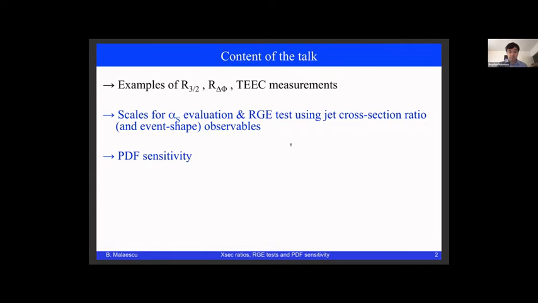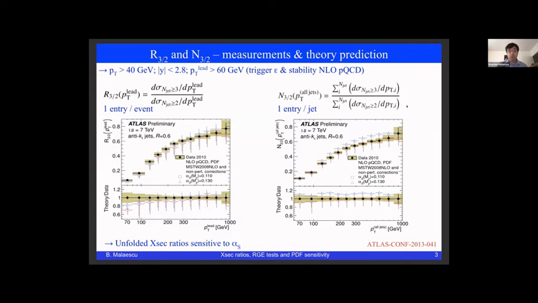I will start with a relatively old measurement, again just as an example, a measurement from ATLAS. I will show later also some results from CMS. Just to set the stage, I consider here this measurement of two quantities. First, R32.